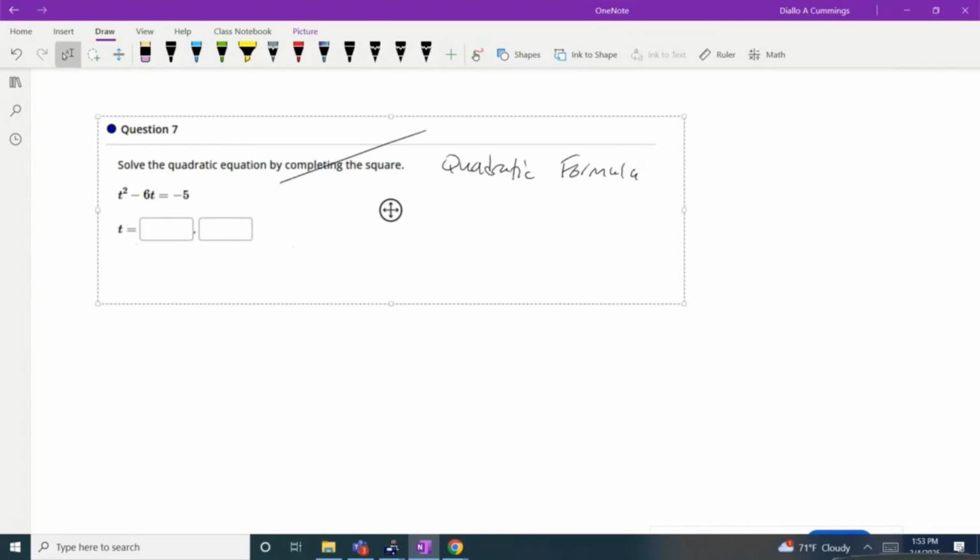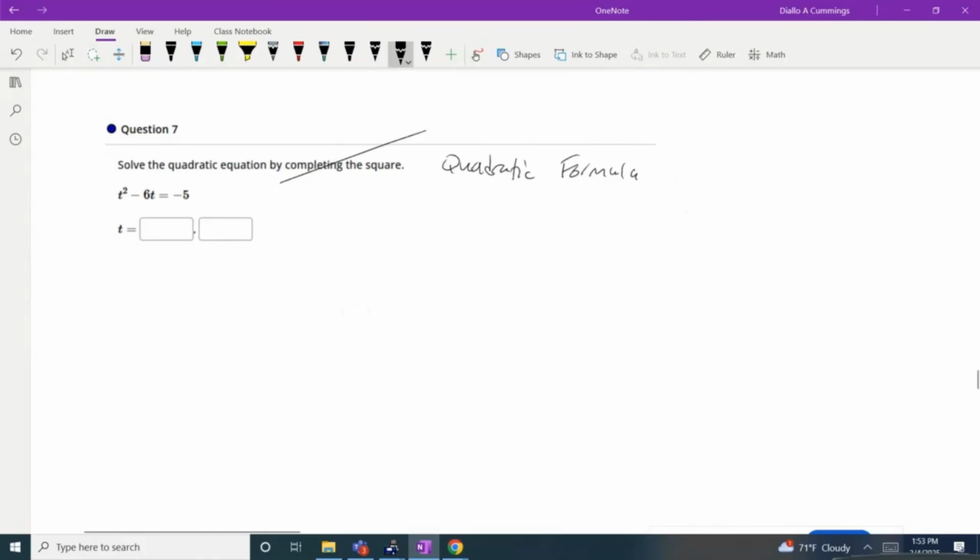Quadratic formula. So I have to put it in standard form. T squared minus 6t is equal to negative 5. So in order to put this in standard form, I have to make it equal 0. So in order to make it equal 0, I'm going to take negative 5 and transpose it to the other side.